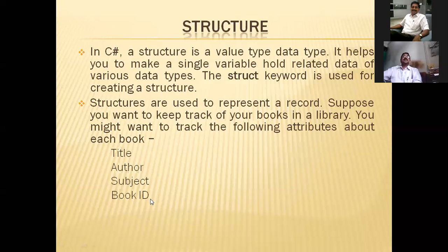So this will keep one full record, that is the title of a book, the author of a book, the subject of that book, and the book ID. The book ID represents where we have kept this book in our library rack.